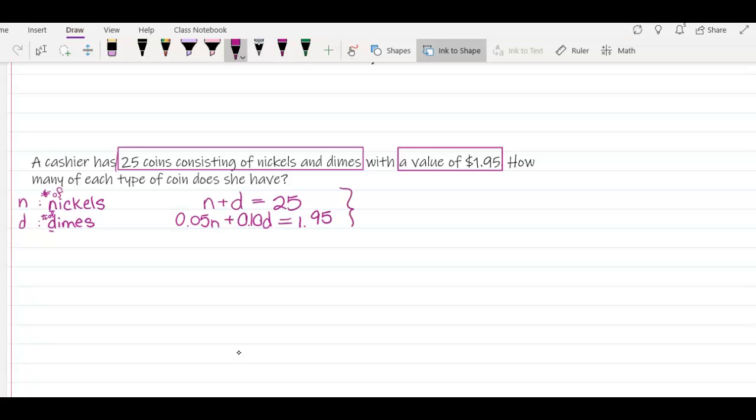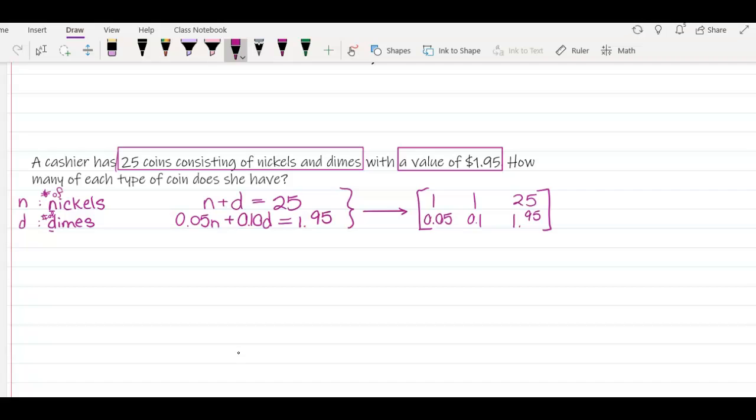This is our system, which we are now going to put into a matrix. 1, 1, 25, 0.05, 0.10, or just 0.1, and 1.95.